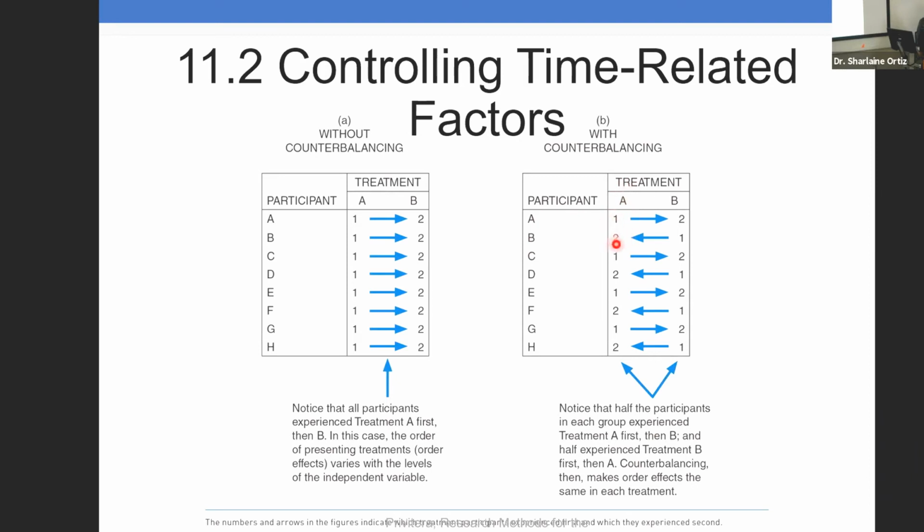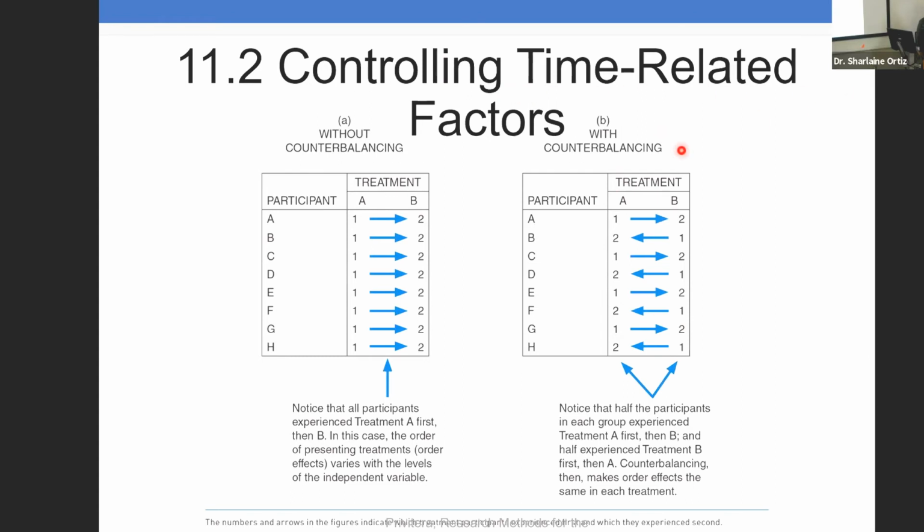It came in second. Now I'm going to expose him first to treatment B and then treatment A. So in this case, sure, we can argue that all of the participants are being exposed to the treatment. But if I really want to guarantee that it was the treatment and not a time-related factor, I want to mix these up, right? Because I want to control that it wasn't a time-related issue.